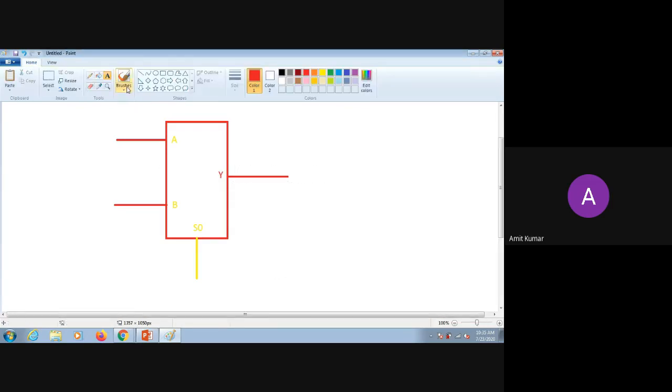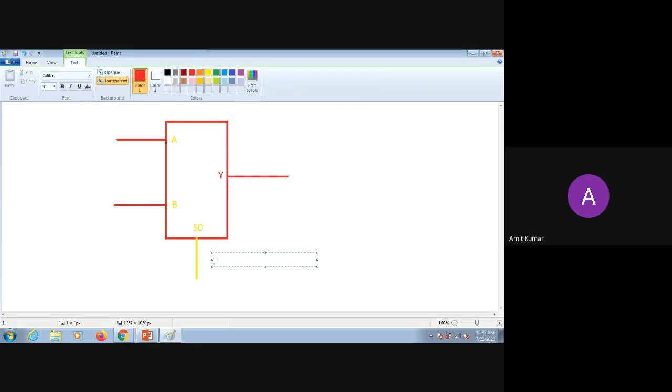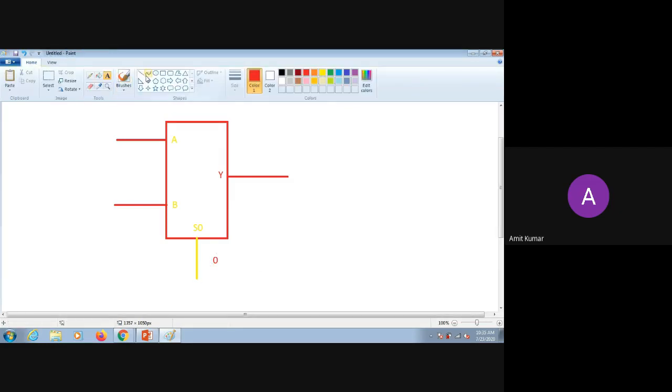Now, if you apply 0 here, there is a mechanical switch which will connect it to Y. So whatever data is available at A will be available at Y if you select 0.